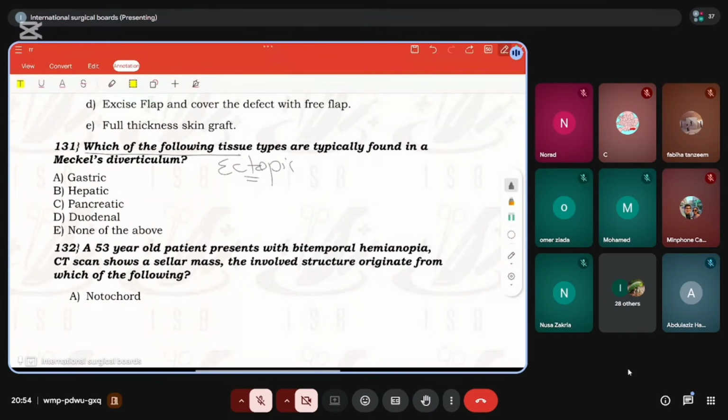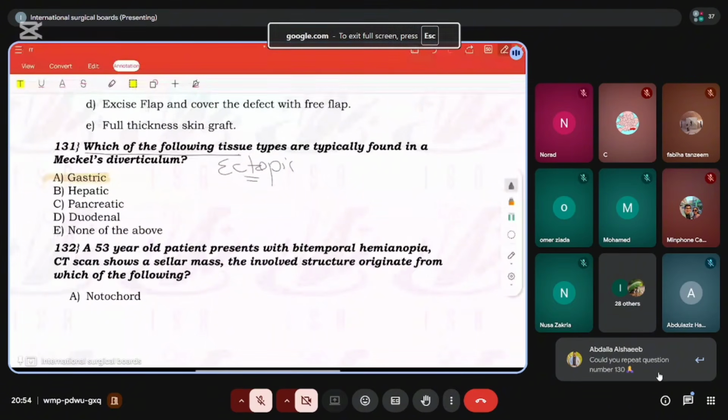So usually it's gastric. In this case, the answer will be gastric. But some other people told me that we didn't see the word ectopic in this question. It just tells us what's the most likely mucosal lining of a Meckel. In that case, it will be ileal mucosa, which is the most common situation, because in 98% of the cases, it remains asymptomatic the entire lifetime because it only has ileal mucosa, no ectopic tissue.